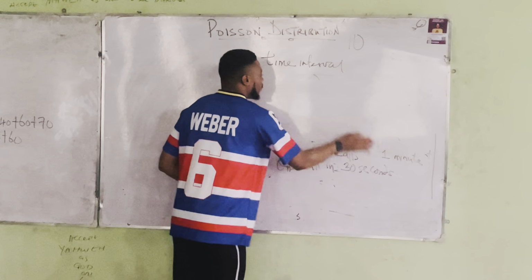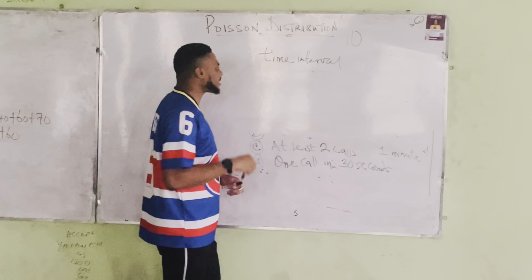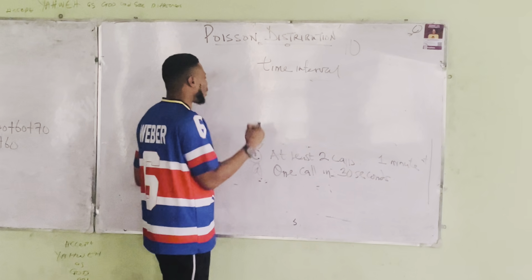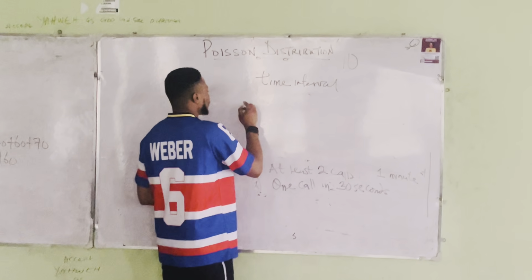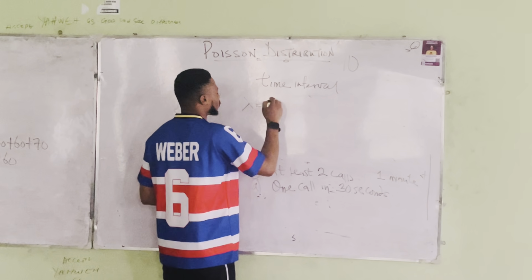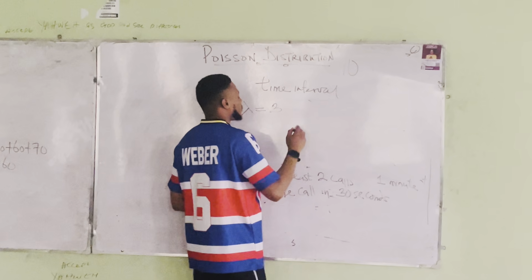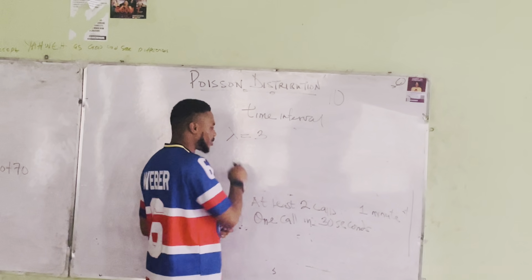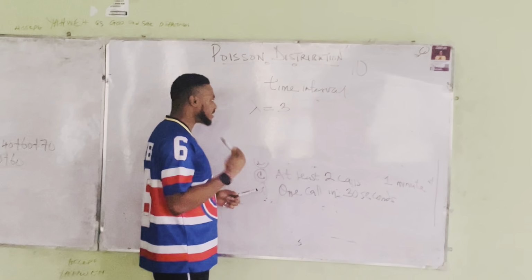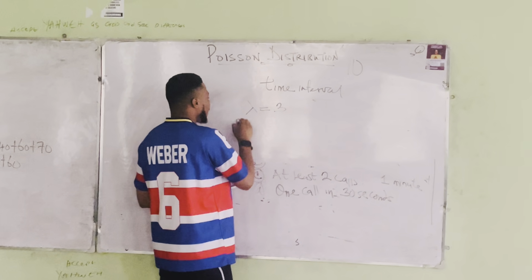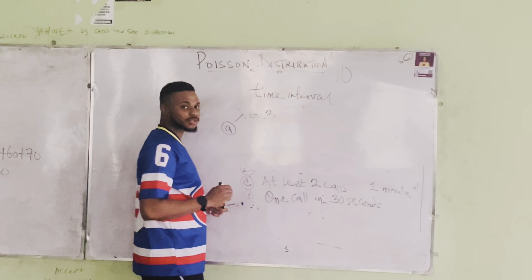Now the first part of the question. Let's use our parameters first. Lambda is 3, right? That's the major thing. Now A is what?